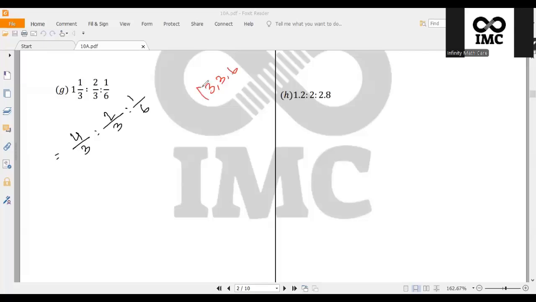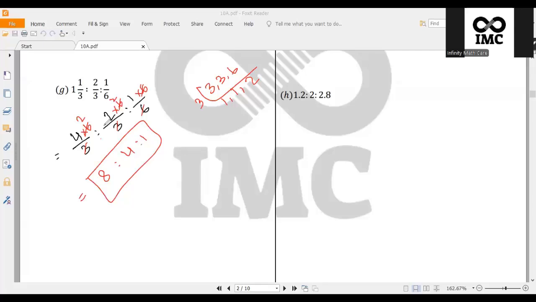We need to find it out. 3 ones are 3, 3 ones are 3, 3 twos are 6. That means 6 is the LCM. So if we multiply each fraction by 6, what will happen? Look, 6 by 3 is 2, 6 by 3 is 2, 6 by 6 is 1. So 4 twos are 8 is to 2 twos are 4 is to 1.